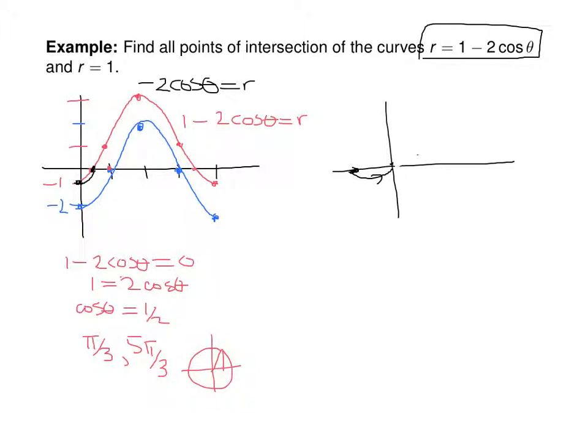And from there, by pi over 2, I'm up at 1. By pi, we're up at 3.